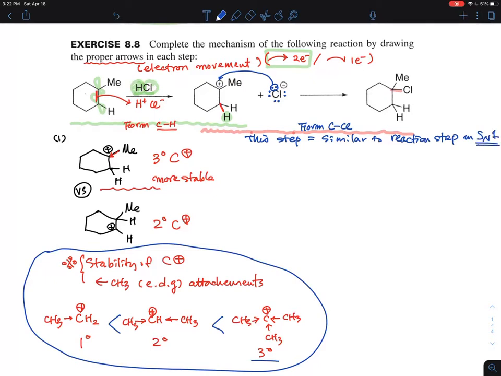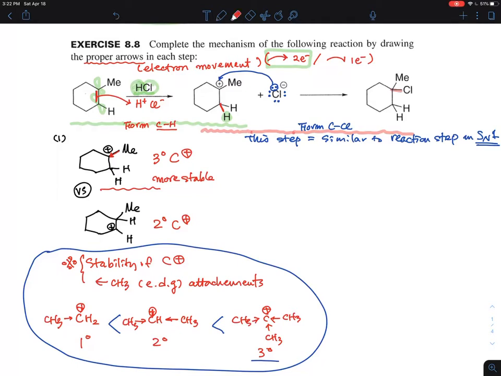In the SN1, essentially the leaving group leaves this compound first, and then the nucleophile is going to make a bond with a carbocation.